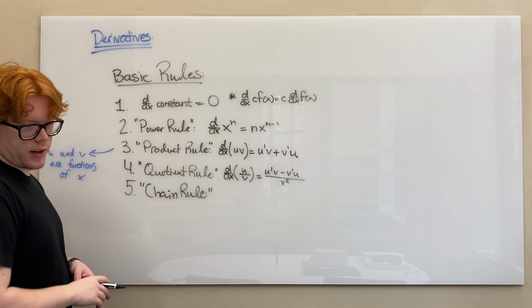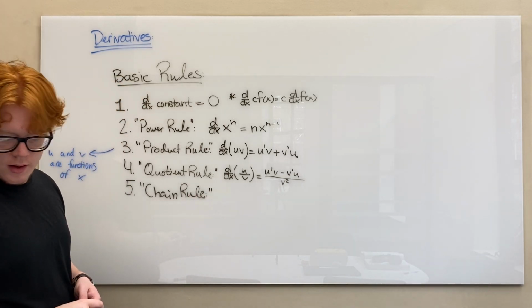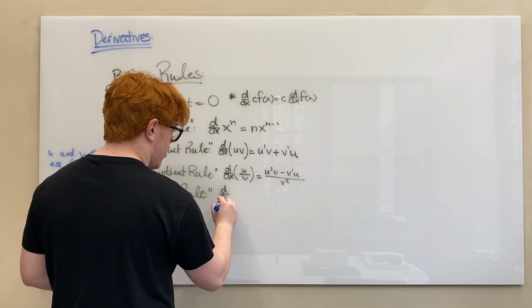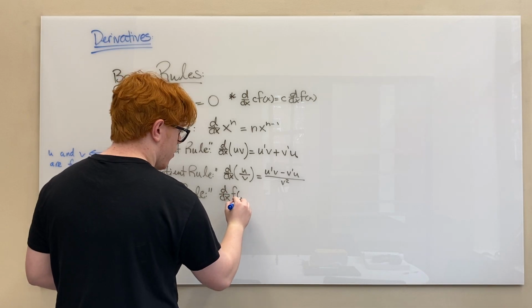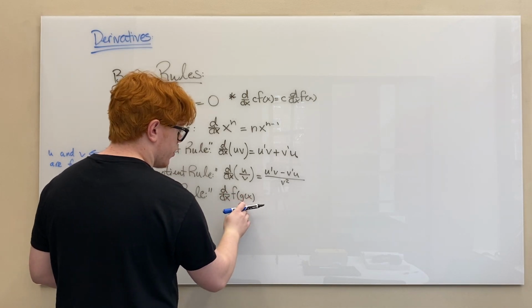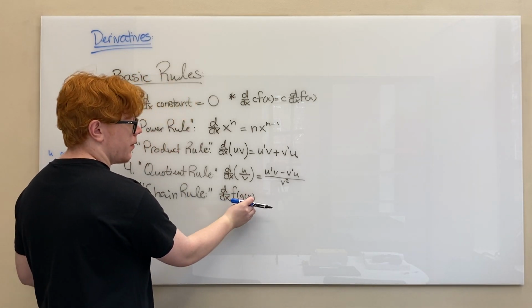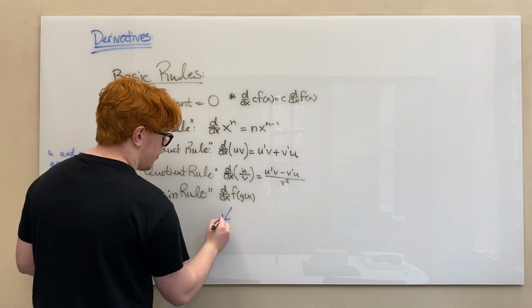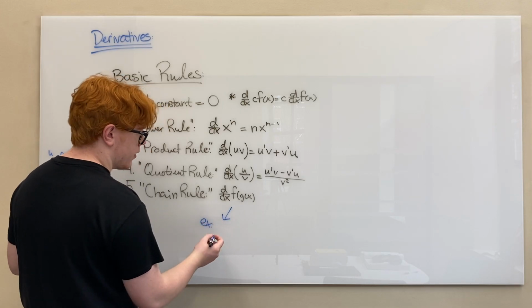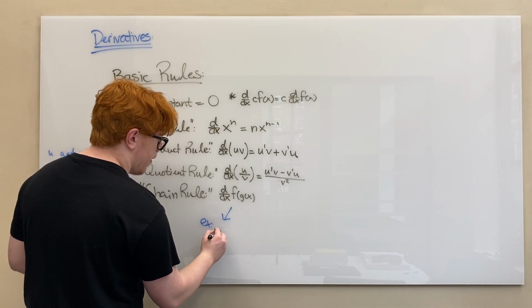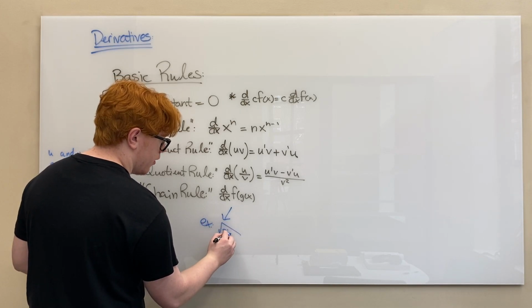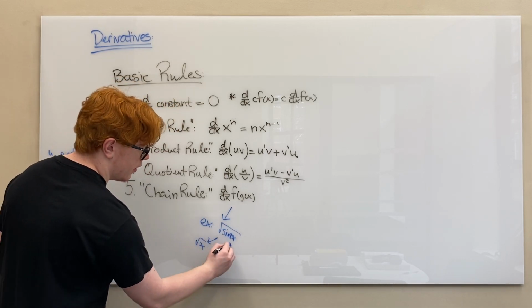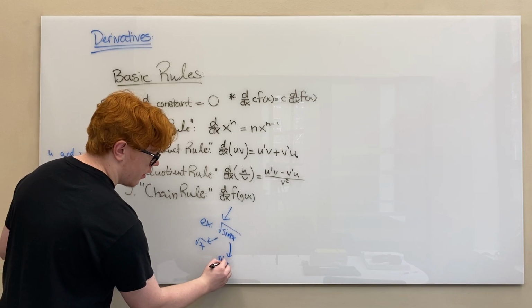The chain rule says that the derivative of a function, where you have a function that has a function inside of it. I'll give an example right away so you can make sense of it. Think like the square root of sine of x. So you have two functions here: you have square root of x and you have sine of x.